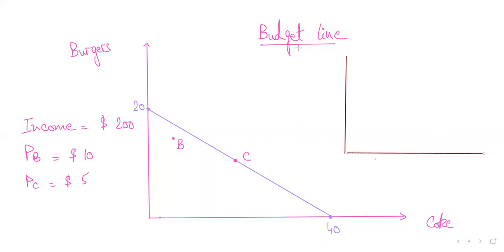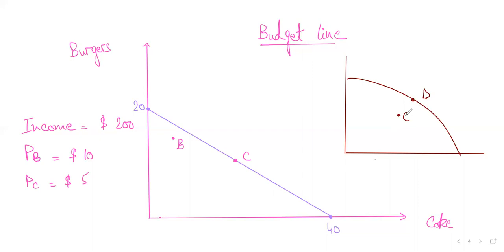Any point within the PPC is obviously achievable, but that shows all resources are not fully utilized. There are some unemployed resources, but any point on the production possibility curve shows complete utilization and complete employment of resources.